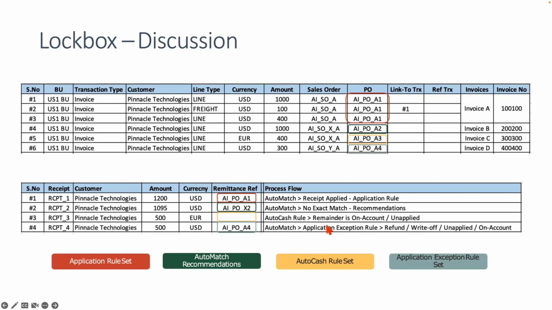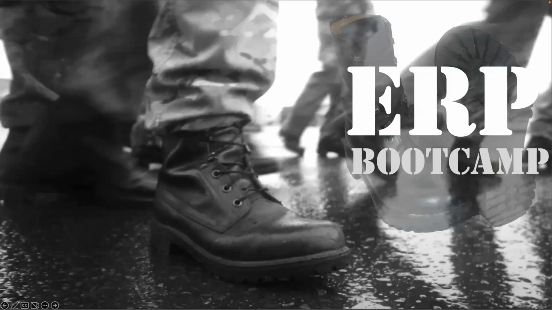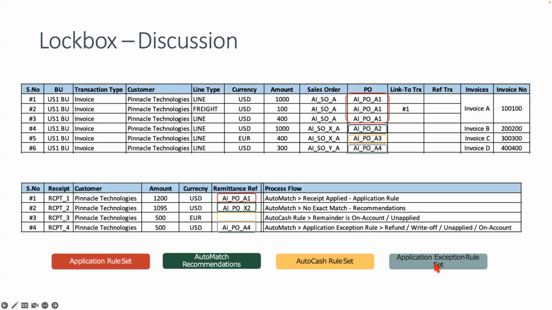And then you use the auto cash and put it on the account. And then it would use the application for the first one, $500, $300. Again, it will use the application exception rule set to do that. So that's basically how it works.